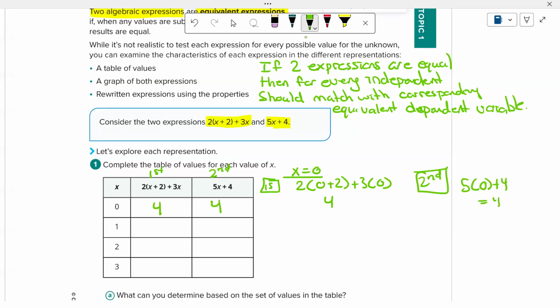So they're matching so far. Yay. They have to match all the time and never stop. If x is equal to 1, for the first one, I'll get 2 times 1 plus 2 plus 3 times 1, and I'll get 9. Interestingly enough, for the second one, I'll also get 9.